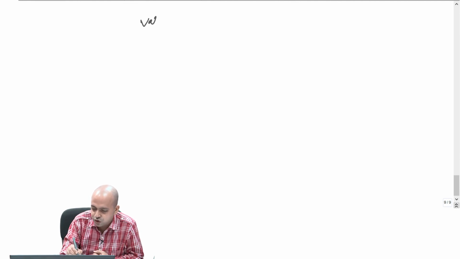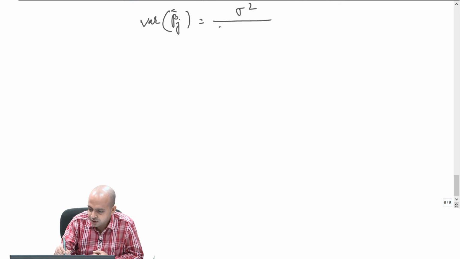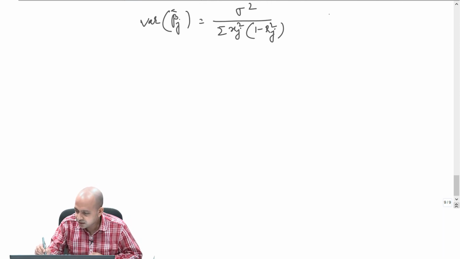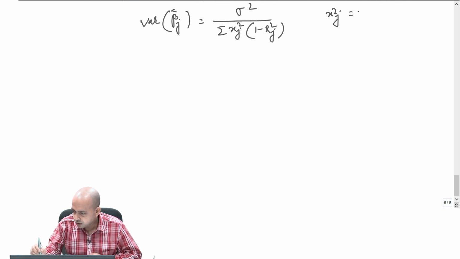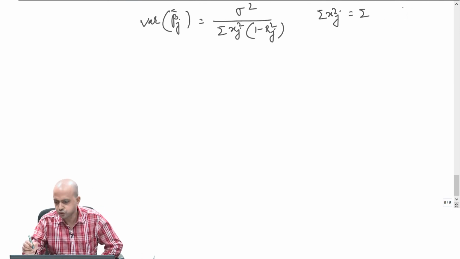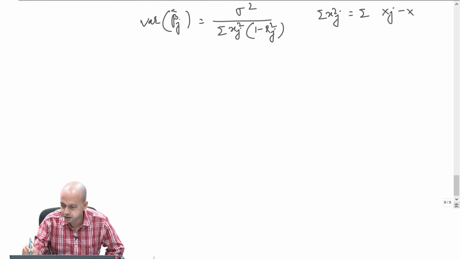Let us see, this is the variance of beta hat j, which equals sigma square divided by summation x j square times 1 minus r square j. And what is x j square? This is the summation of x j minus x j bar whole square.